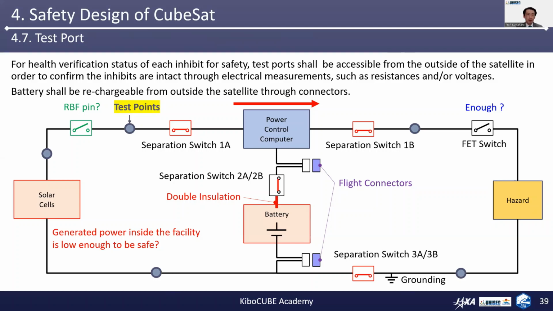Another important topic related to the safety design of the satellite electrical circuit is that you need to prepare test ports corresponding to the safety design. So this is illustrated in the figure here.